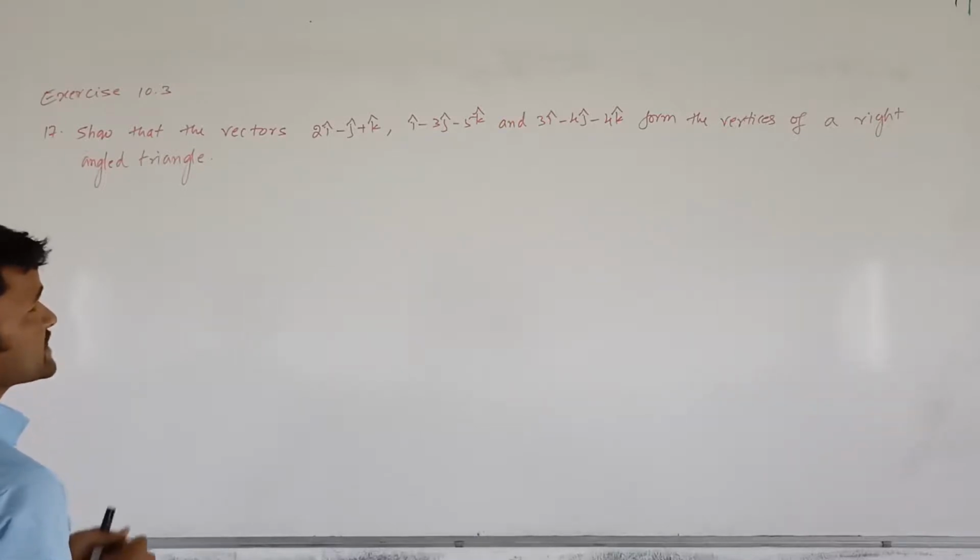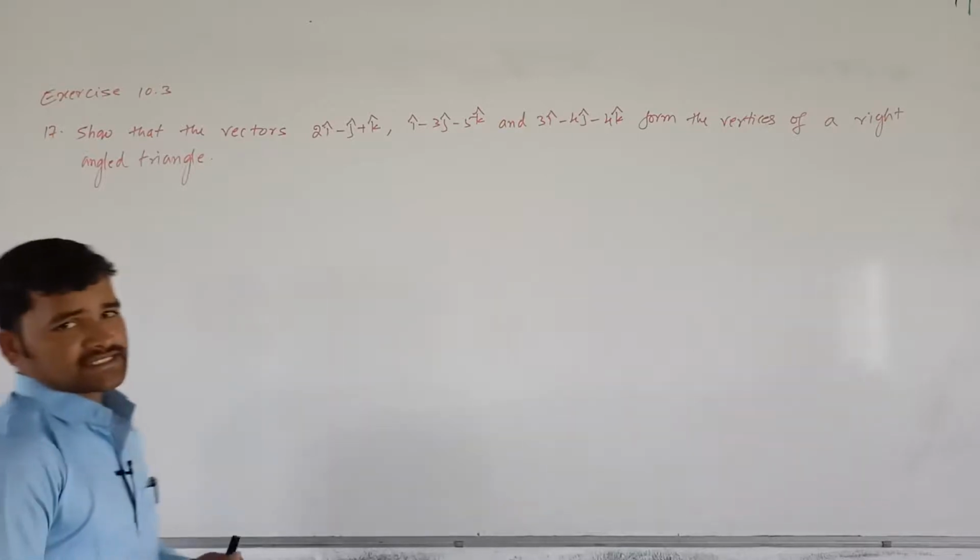Show that the vectors form the vertices of a right angled triangle.